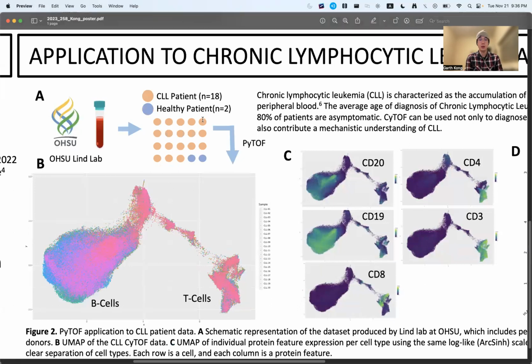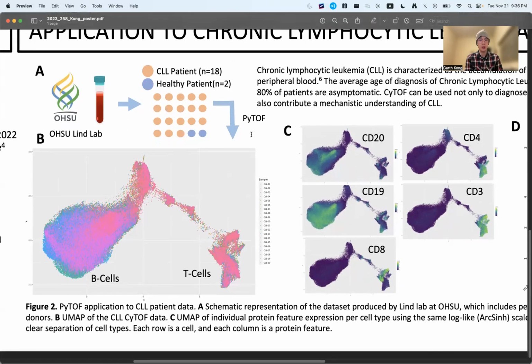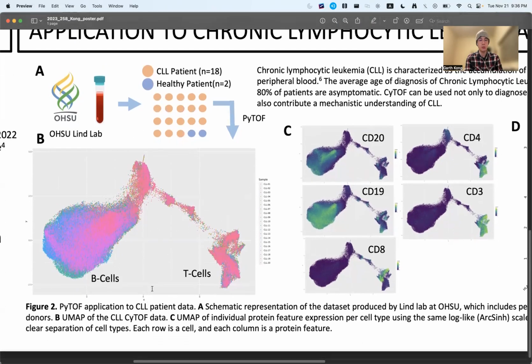In this dataset, there are 18 patients with chronic lymphocytic leukemia and 2 healthy patient samples. After we apply PyTOF to it, we see that there are mainly 2 clusters. This dataset is not as complex as the previous one.